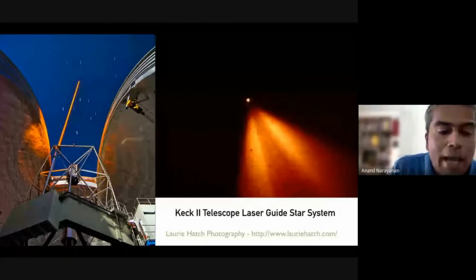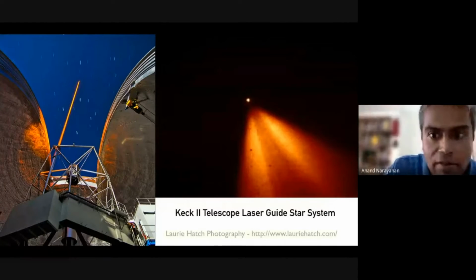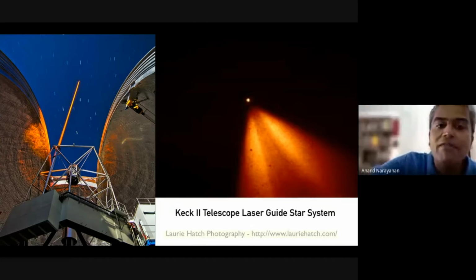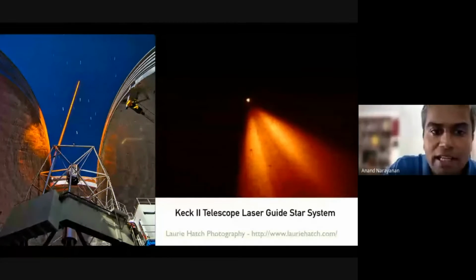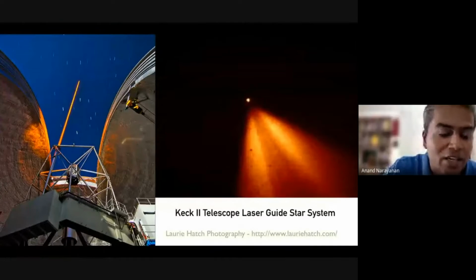For the adaptive optics system to properly sense the wavefront distortion, it needs a standard source in the same region of the sky where we are observing the astronomical object. Suppose I am observing the center of the galaxy, and the light is coming from stars present in the center of the galaxy.